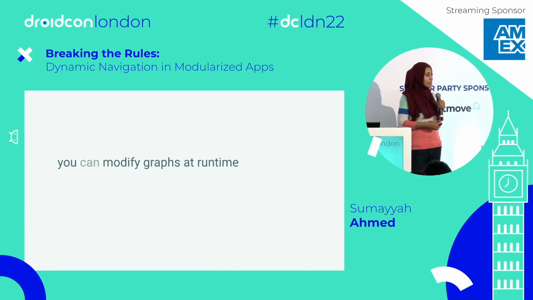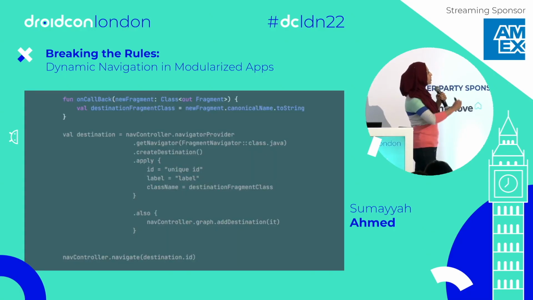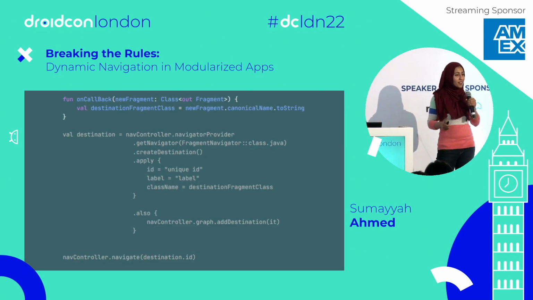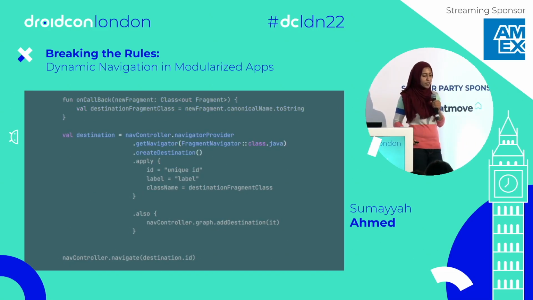Nav components lets us add and remove destinations as we go. So let's see how this can solve our problem. We're in fragment B, this callback executes, we've got a destination fragment class. That's great, but our nav controller doesn't care about this fragment. It cares about destinations. So let's make one. There is actually a create destination function exposed by the navigator provider.